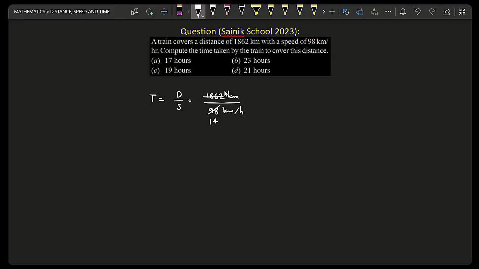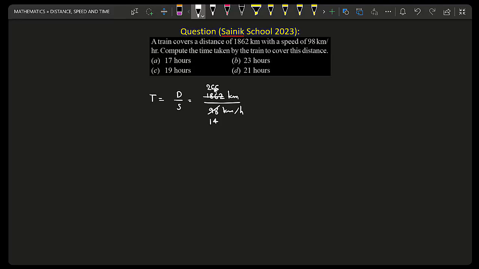What is the remainder? 4, and 6 becomes 46. 7 sixes are 42. Again, what is the remainder? 4, and 6 becomes 46, 7 sixes are 42.